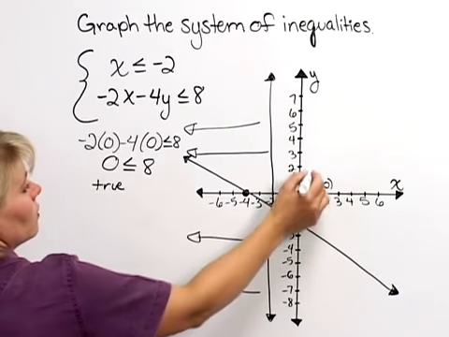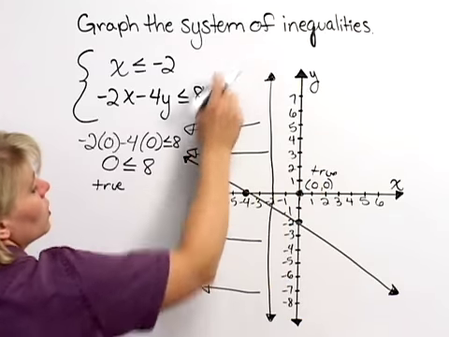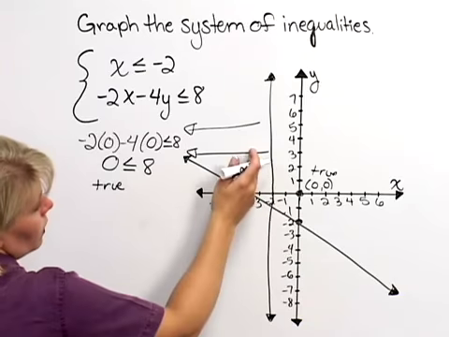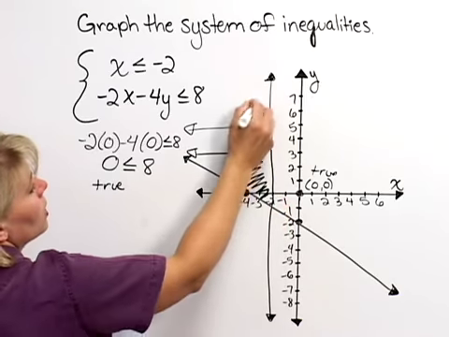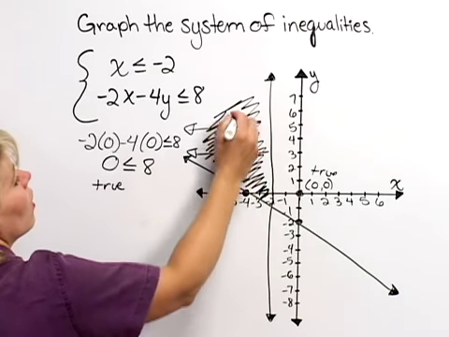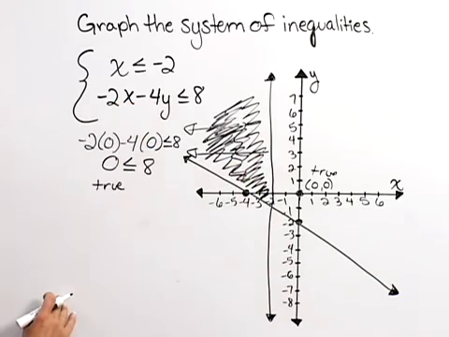Since this point over here is true, everything on this side would be true. But the only place where we will overlap with the first equation is in this area up here. So this area up here is where all the solution points are that satisfy both of these equations. And that would be a picture of your graph for this particular system.